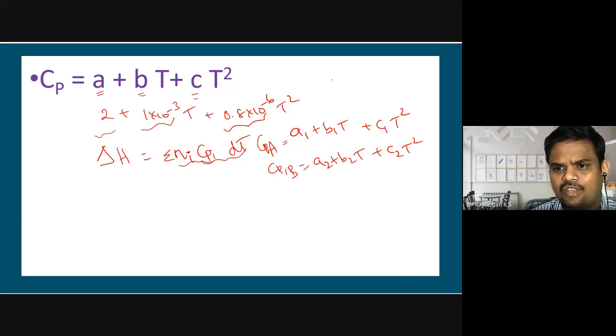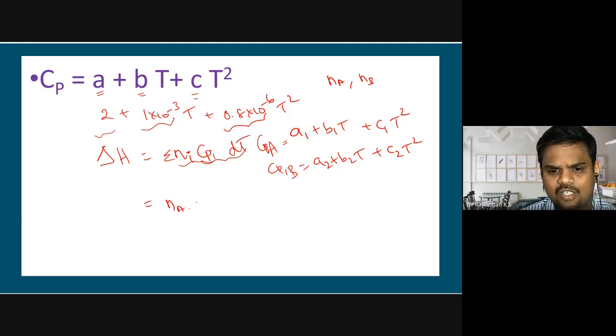If you know the moles of A is Na and moles of B is Nb, depending upon the mole fractions, then we can say number of moles of A, Na into Cp dT, so Na Cp of A dT plus Nb Cp of B dT.